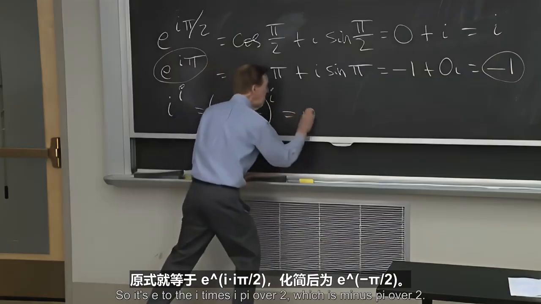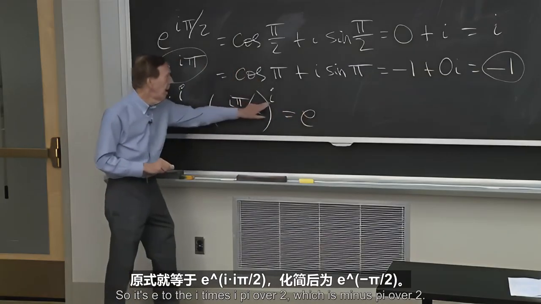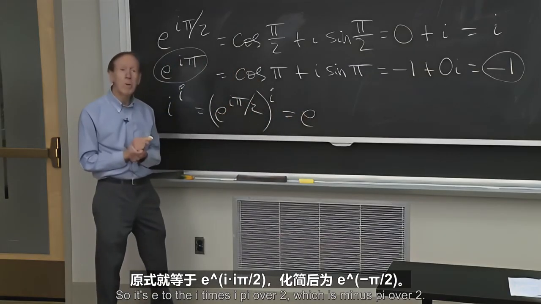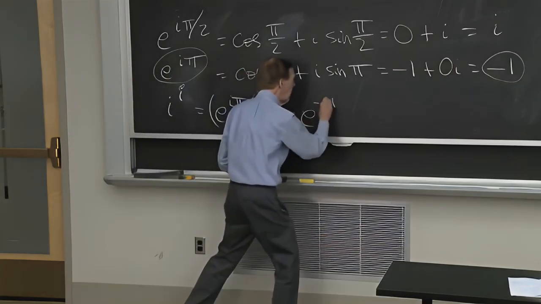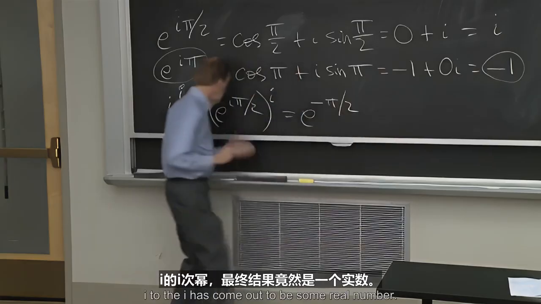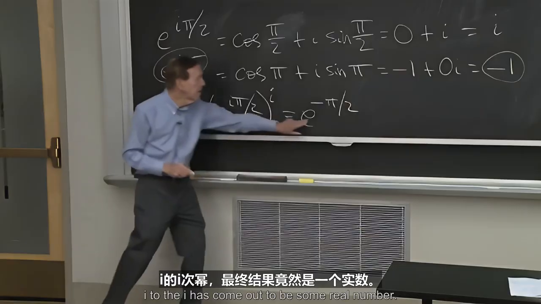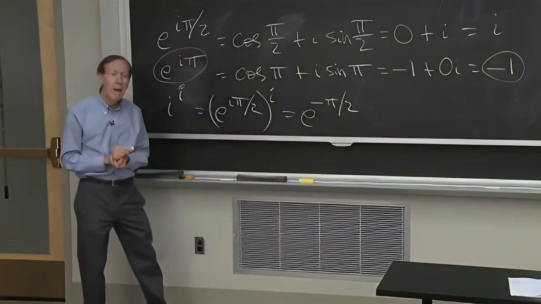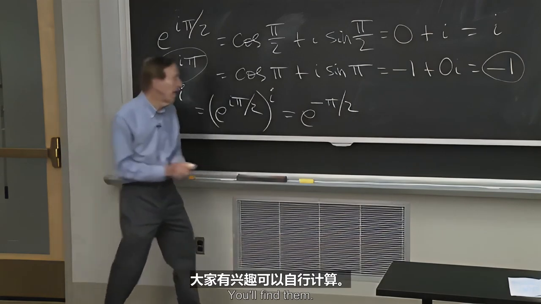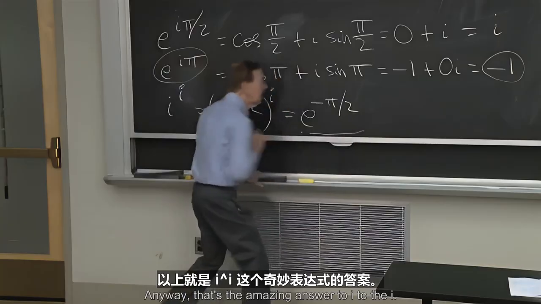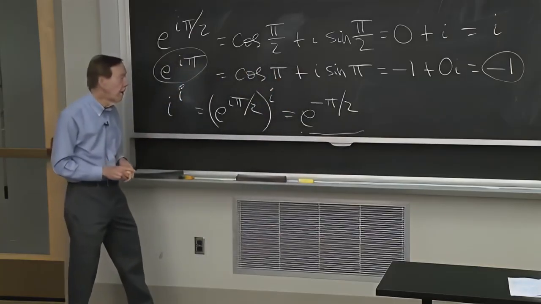So it's e to the i times i pi over 2, which is minus pi over 2. Look at that. i to the i has come out to be some real number. And I don't actually know what the digits are. You'll find them. Anyway, that's the amazing answer to i to the i.